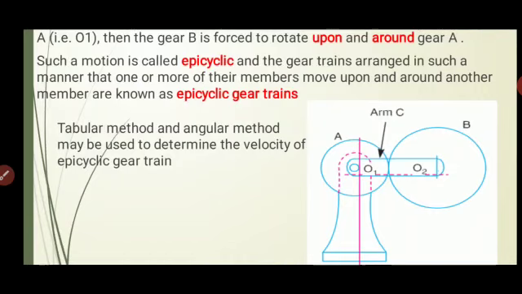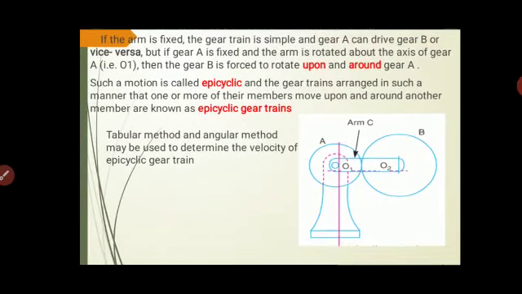But if the gear A is fixed, then gear B is required to rotate with respect to the axis O1, or rotate upon or around gear A. Such a motion is called epicyclic, and gear trains arranged in such a manner, with members that move upon or around another member, are called epicyclic gear trains.